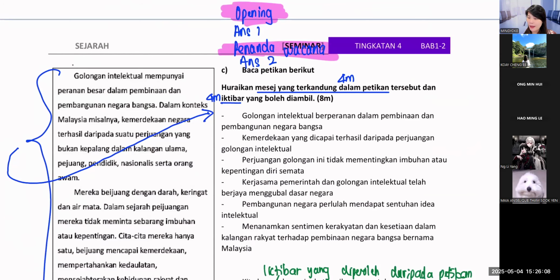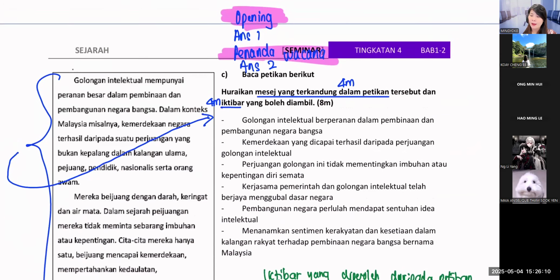You can see page 36: bacakan petikan berikut, huraikan mesej yang terkandung dalam petikan tersebut dan iktibar yang boleh diambil. So the message in the passage, and what do you learn from here?